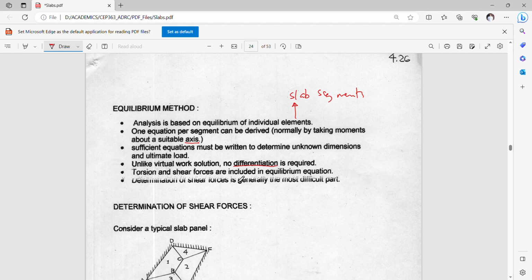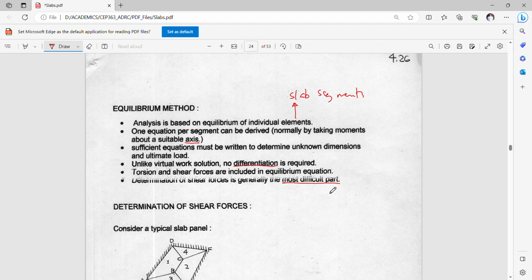But since this is an equilibrium method, we have to deal with the shear forces and come up with a moment equation and satisfy the equilibrium condition. So the determination of the shear forces is actually the most difficult part.